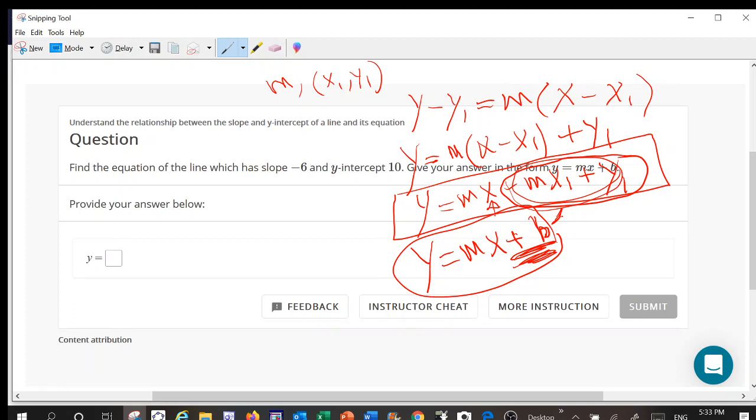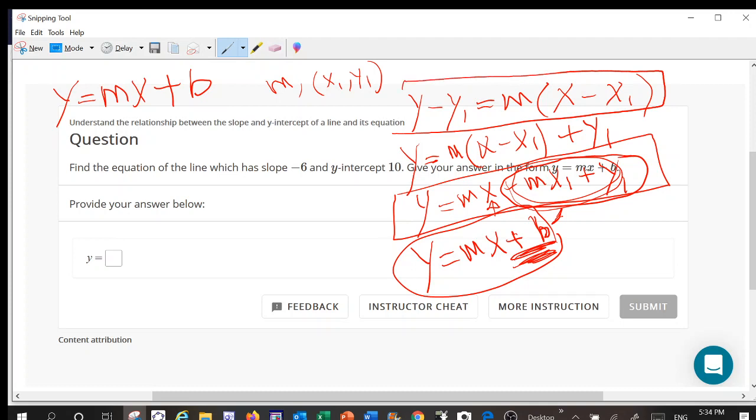So there are 2 forms for an equation of a line: mx plus b, which is the slope-intercept form, and this one, which is point-slope. Okay, so that's the idea of writing an equation for a line.